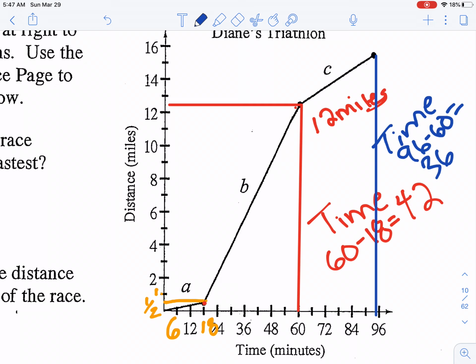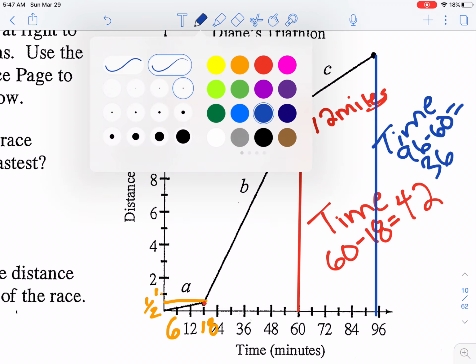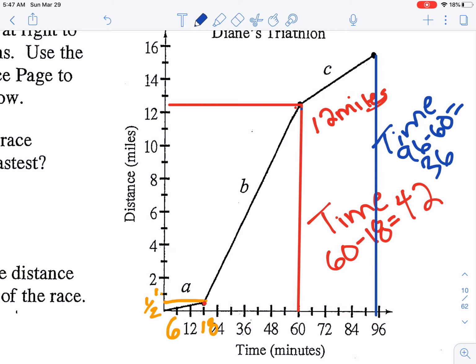So she traveled for 36 minutes running. And how far did she run? Remember, A was the swimming, B was the biking, and C is the running. If she started here at 12 and a half, did she go up to 16?